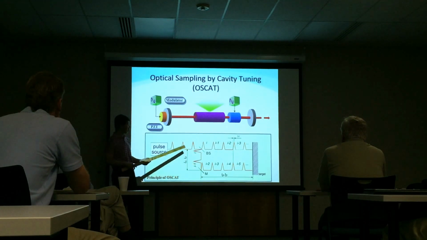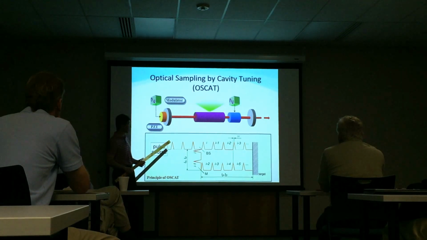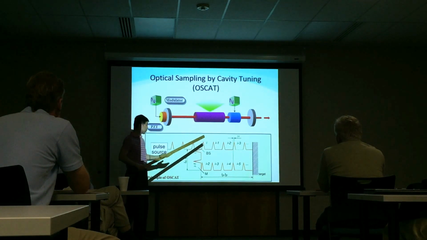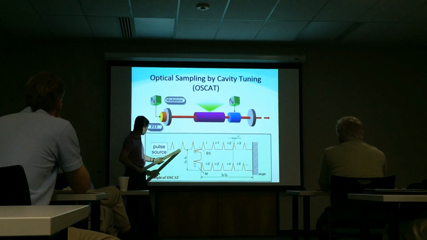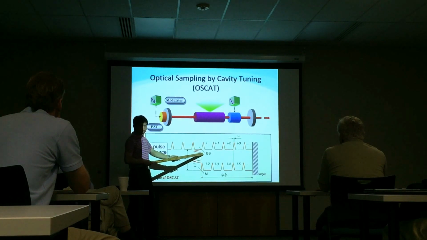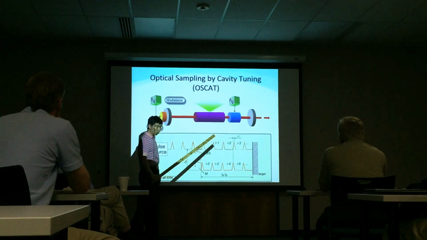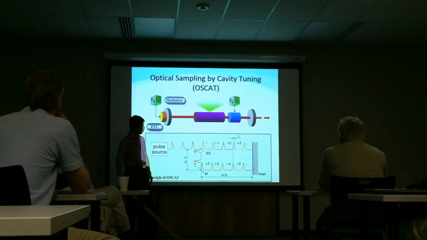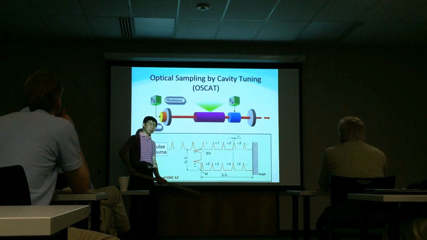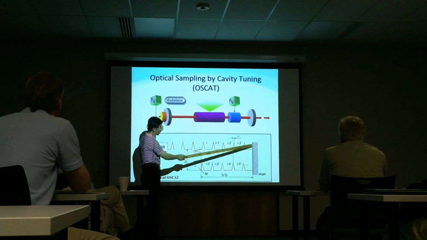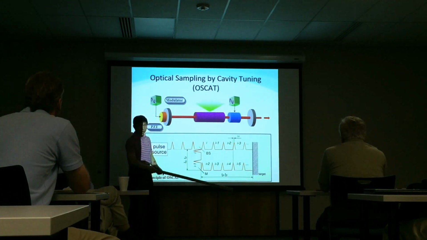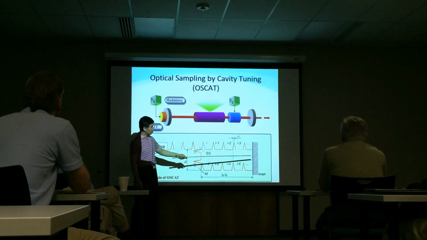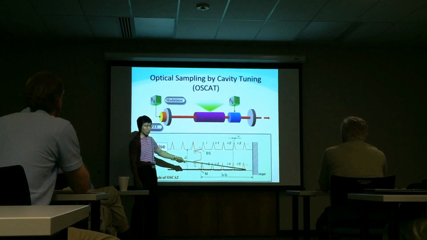It doesn't matter whether it's a Michelson or Mach-Zehnder: the pulse comes out, splits here, and one goes through a short arm, the other goes through a long arm. So the arm length is mismatched. Then you monitor the pulse arrival time at your target, from the pulse train through the short arm and from the long arm.